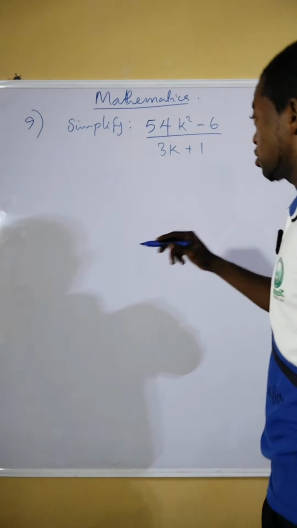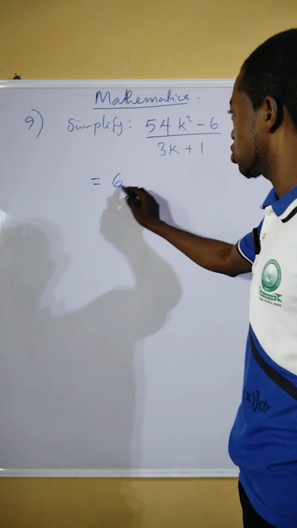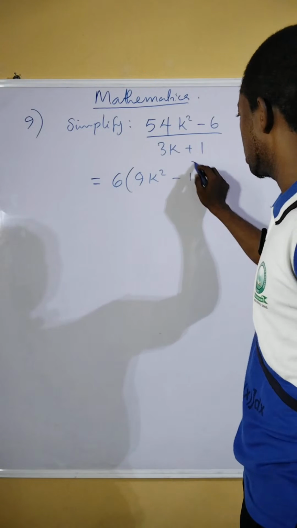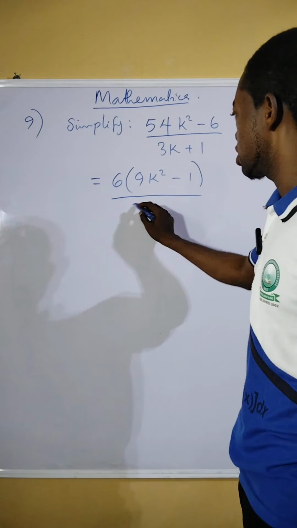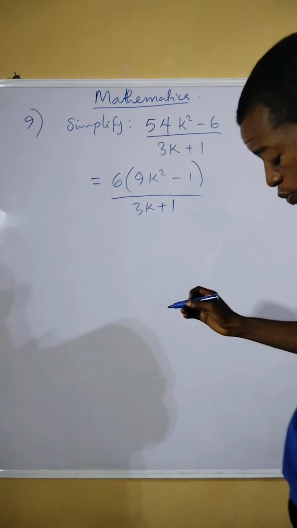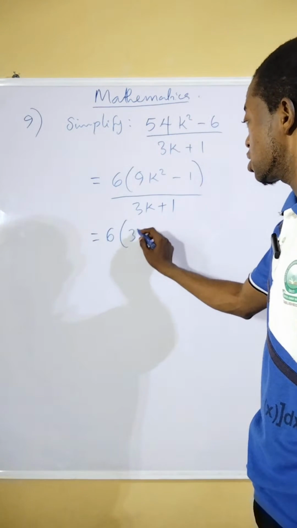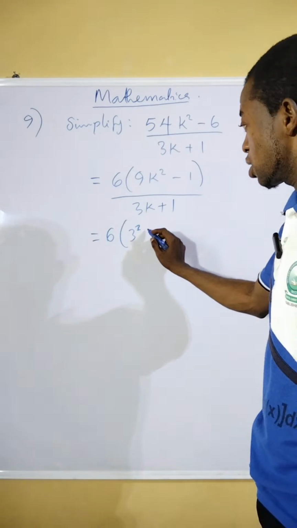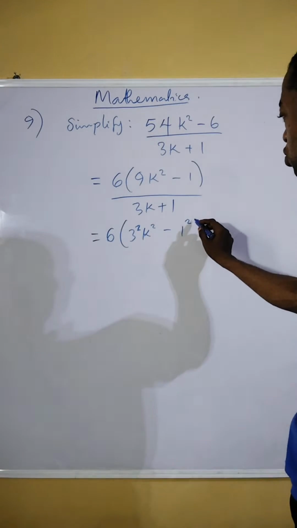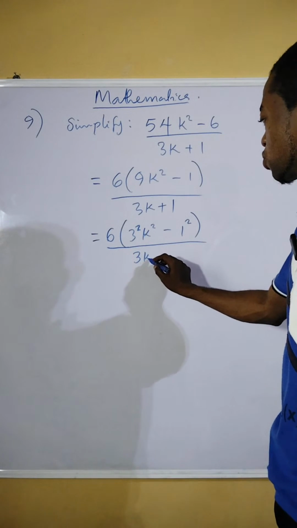Now, here, 6 is common. We factor it out. And here we have 9k squared left minus 1, which is divided by 3k plus 1. The next step, 9 can be expressed as 3 squared. So here we have 6 into bracket 3 squared k squared minus 1. Also 1 can be expressed as 1 squared, which is divided by 3k plus 1.